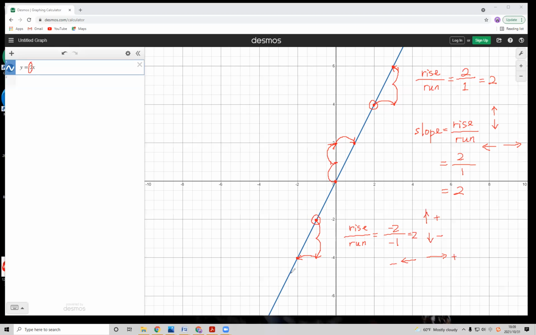Let's do, maybe, let me change the color, blue. Let's move, you know what, let's move from this point to this point. Right here. So I start from the higher point.